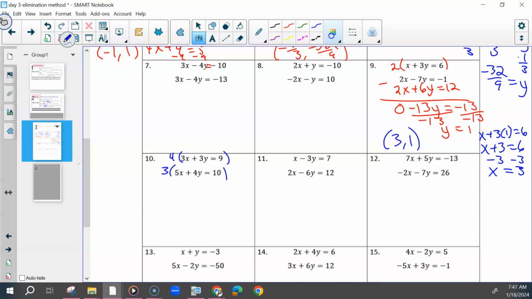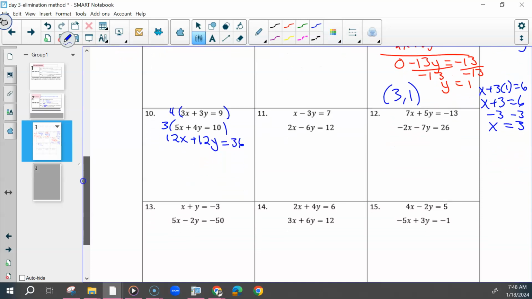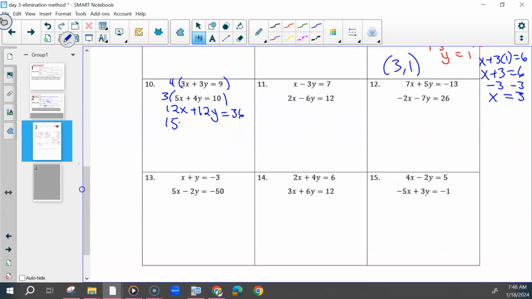Sometimes the easiest is just taking whatever the numbers are and multiplying each one by each other. Sometimes that's not the lowest number, but in this case it is. So then once you have your two new equations, now we have common coefficients.